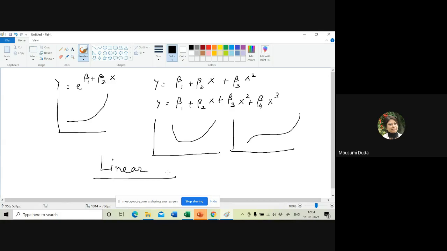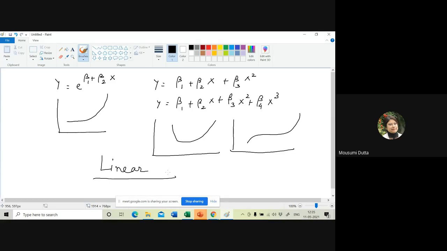Then the logistic distribution: e to the power alpha plus beta x divided by 1 plus e to the power alpha plus beta x. Next y is equal to alpha plus beta root x. Next y is equal to alpha plus e to the power beta x. There are many such structures. You will check if taking the logarithmic transformation it becomes linear.